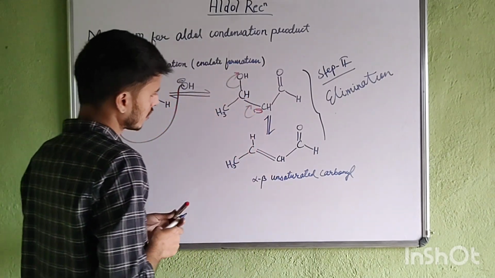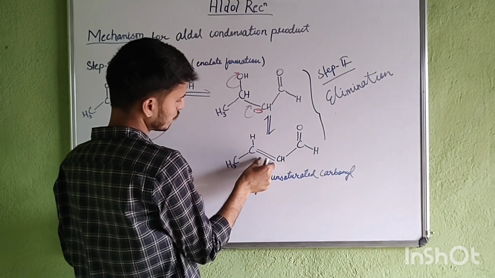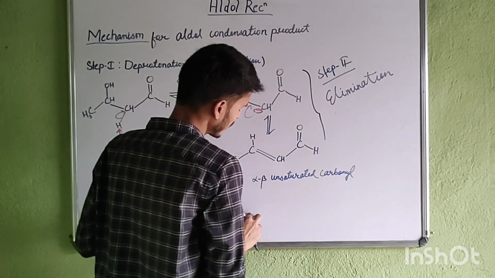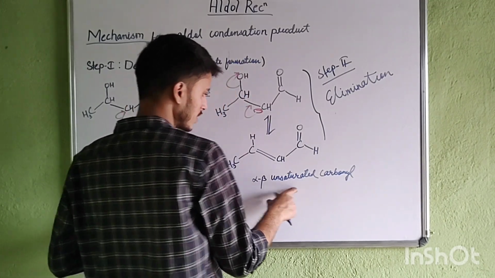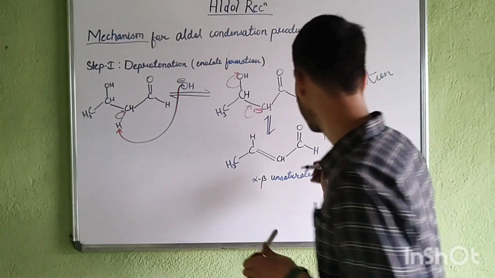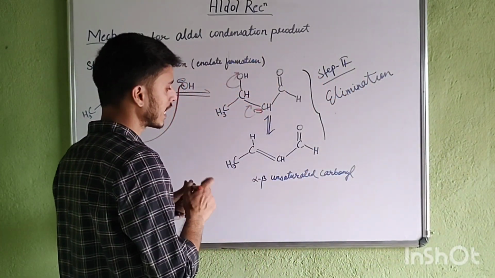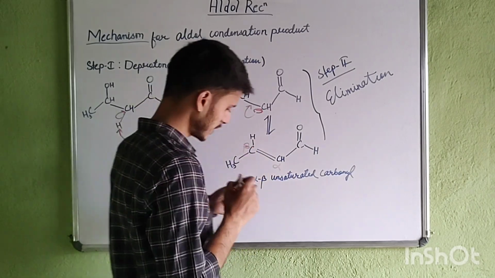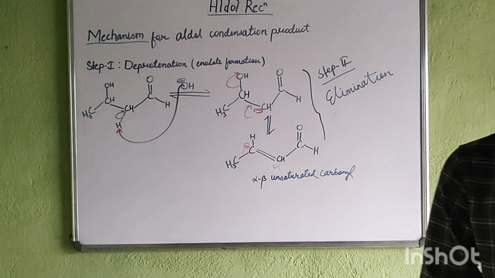So this bond comes here. This is the new CC pi bond. This OH gets removed, and this is the final alpha beta unsaturated carbonyl, or alpha beta unsaturated aldehyde. This is the alpha carbon and this is the beta carbon. This is the aldol condensation product.